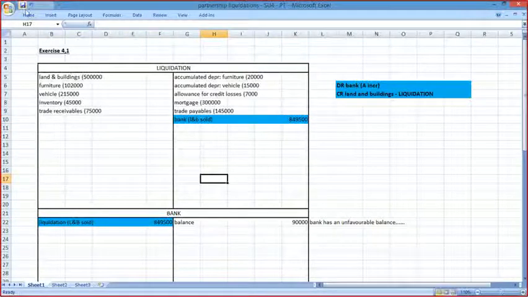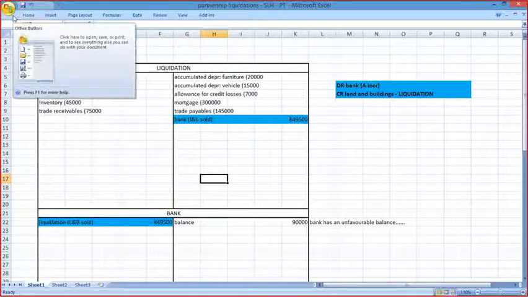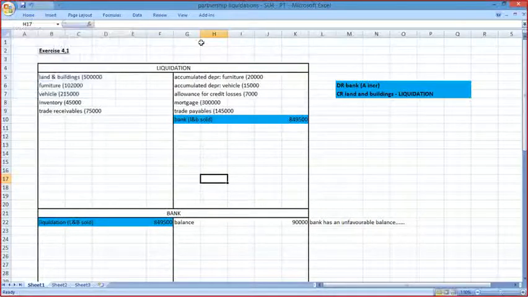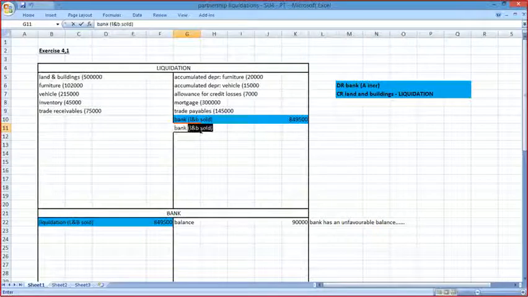Next. Next is furniture was sold for 60,200. So what are we going to do with this? We're going to credit furniture and debit bank. Okay, can we credit furniture? No, we don't have a furniture account. So you will credit it in inverted commas, but it's actually liquidation. Okay, so bank, brackets, furniture sold.